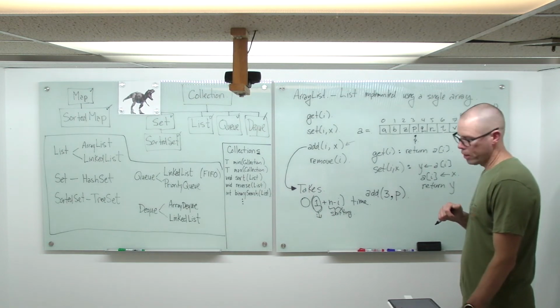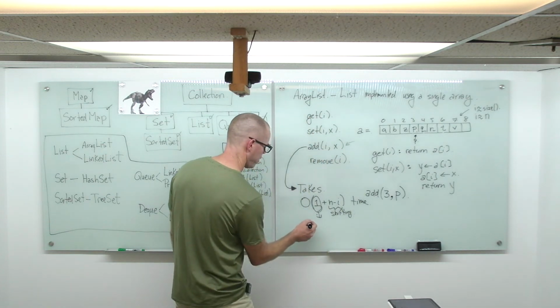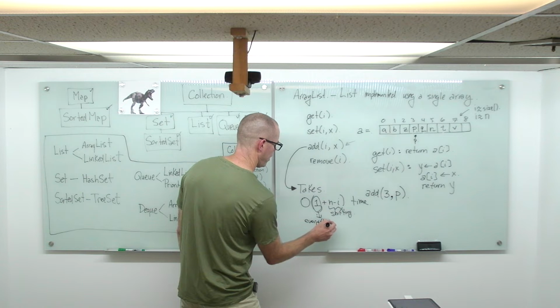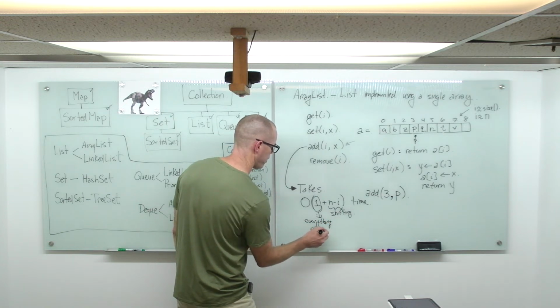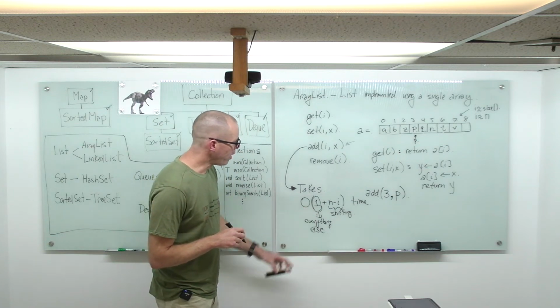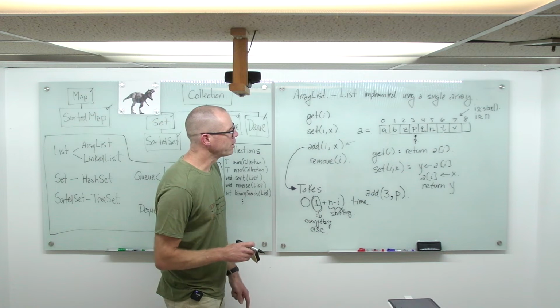What's the one for? Yeah, the one is for this other stuff. Everything but the shifting. I'll say everything else. And why do I need a 1 there? Well, because I can have i be equal to n.